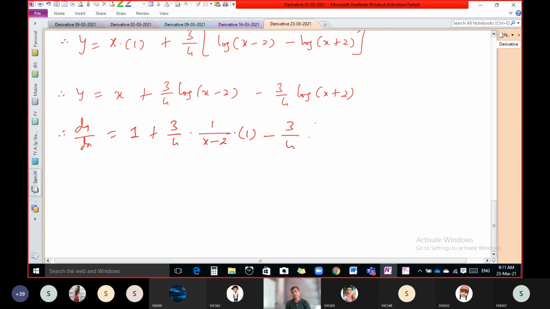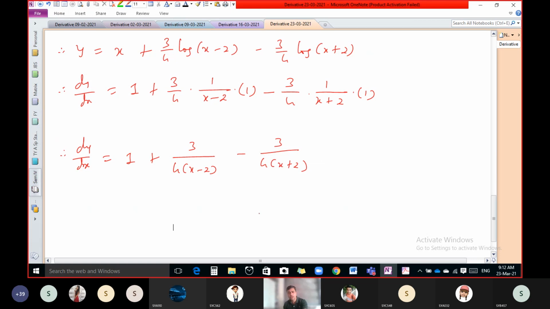Tell me the full answer for this: 1/(x + 2) into 1. Correct. Now, once again, simplification. 1 as it is, 3 into 1, that is 3/(4(x − 2)), minus 3/(4(x + 2)).